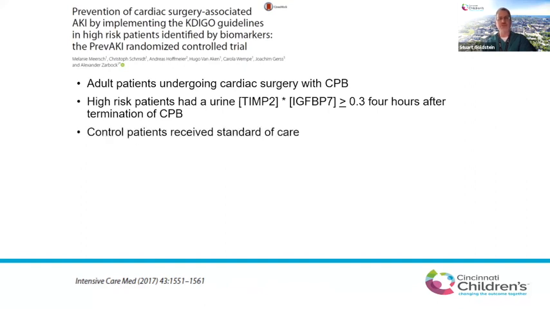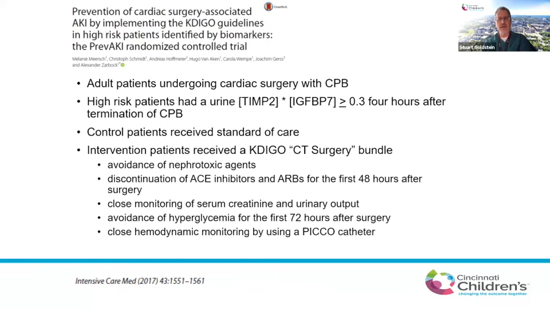The control patients received standard of care, but the intervention patients received a KDIGO bundle: avoiding nephrotoxins, discontinuing ACE inhibitors and ARBs, close monitoring of serum creatinine, avoidance of hyperglycemia, and close hemodynamic monitoring. So only the patients who had elevated cell cycle arrest markers got randomized.